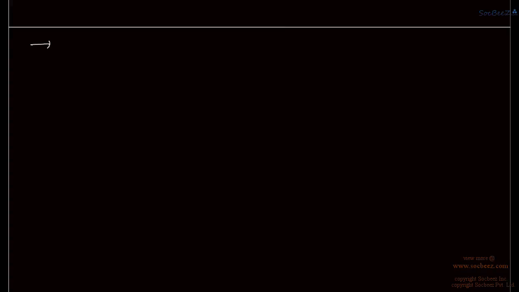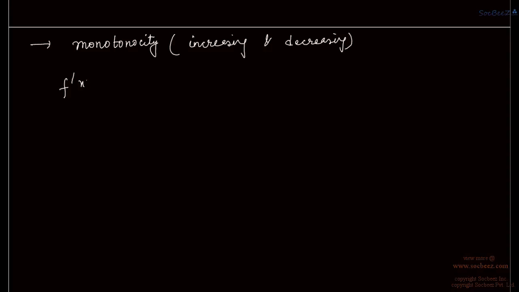Now next, the concept of monotonicity, that is increasing and decreasing. So we have f dash x, meaning the rate of change of f(x) with respect to x, right?